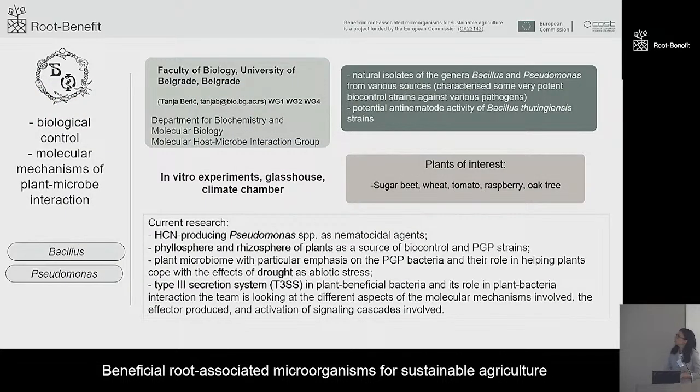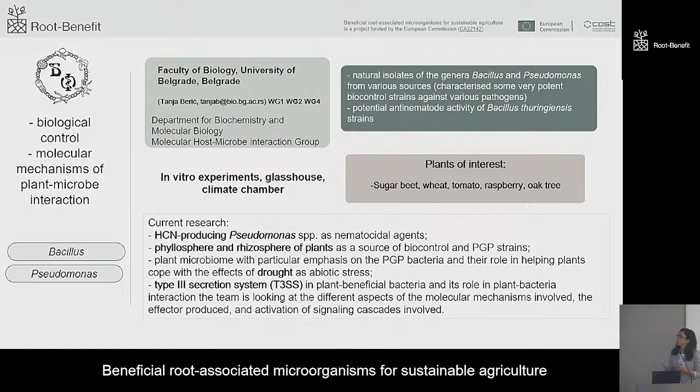The next institution is the Faculty of Biology. They work on biological control and plant microbe interaction. They are focused on Bacillus and Pseudomonas, working with strains as biocontrol agents, antagonists of plant pathogens, and nematocidal effects, for example, nematocidal hydrogen cyanide-producing Pseudomonas strains.